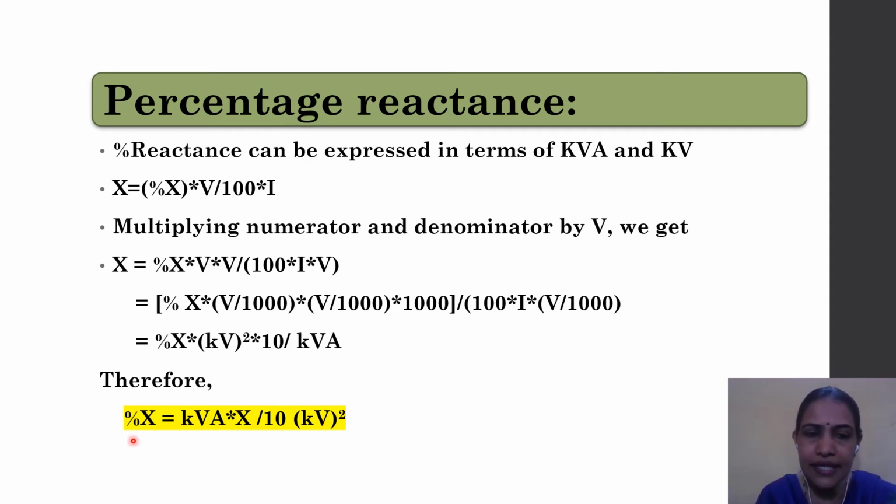Therefore, your percentage reactance in terms of kVA and kV is kVA into X divided by 10 into kV square. Please note down all these things in your notebook, so it will become easy to understand as well as to solve different numericals.